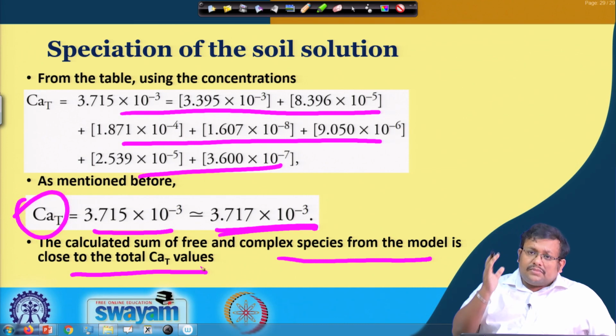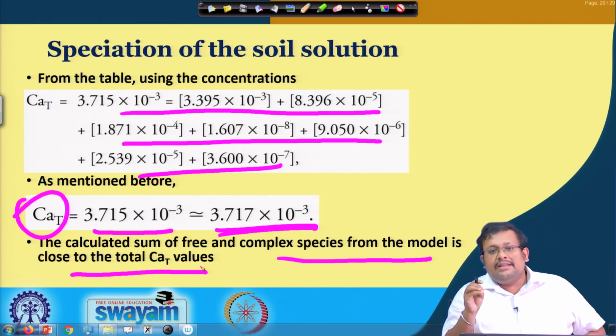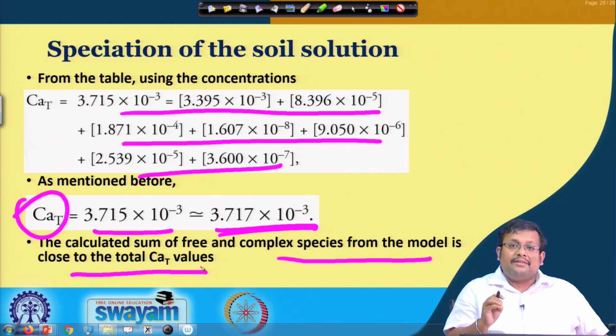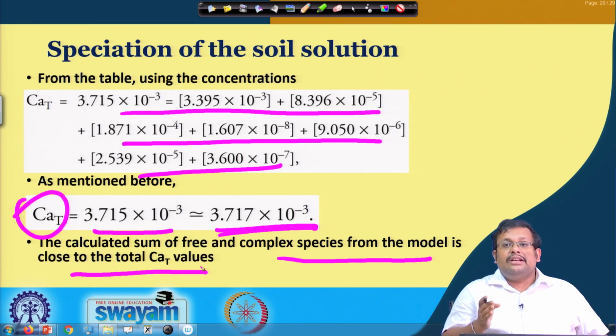So, again, how do we start? We start by inputting the conditional stability constants from the models, and then we calculate the concentration of the individual species.